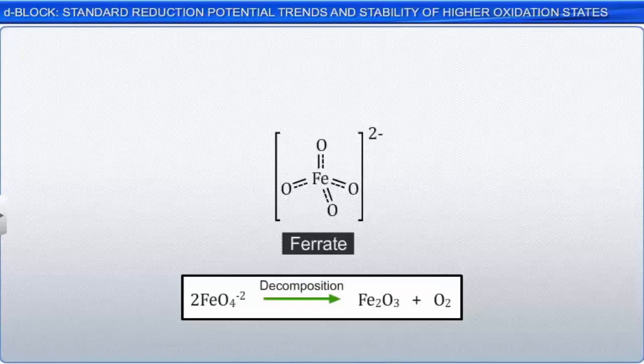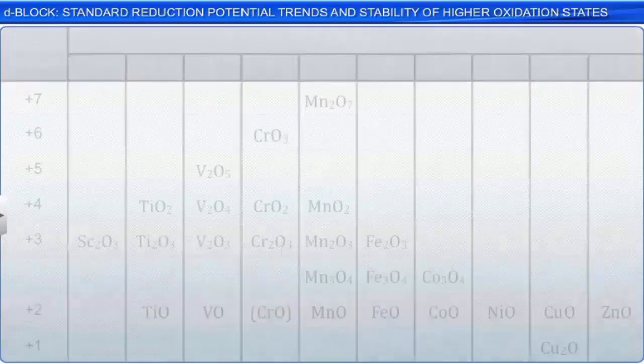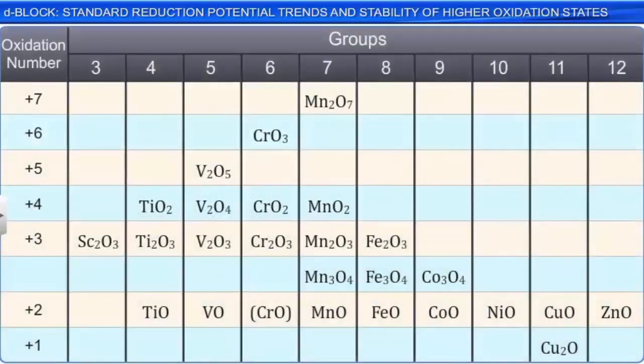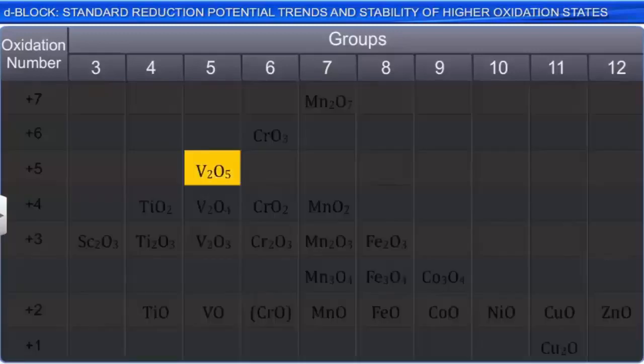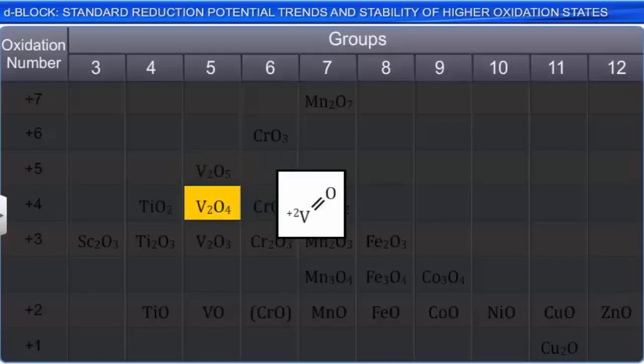Apart from oxides, oxygen also stabilizes higher oxidation states in the form of oxocations. For example, vanadium(V) is stabilized as dioxovanadium(V) ion, vanadium(IV) as oxovanadium(IV) ion, and titanium(IV) as oxotitanium(IV) ion.